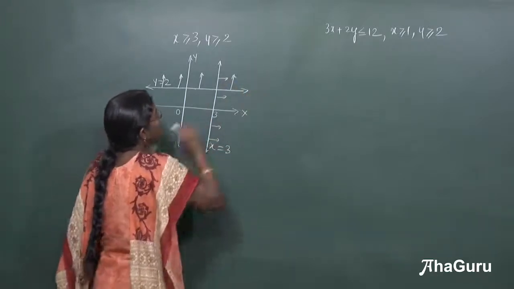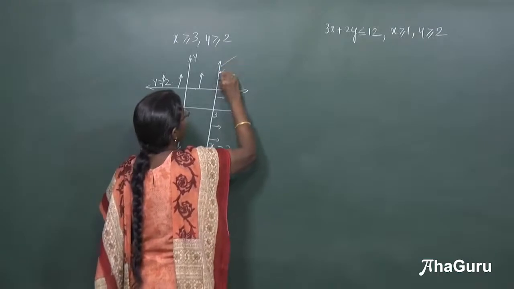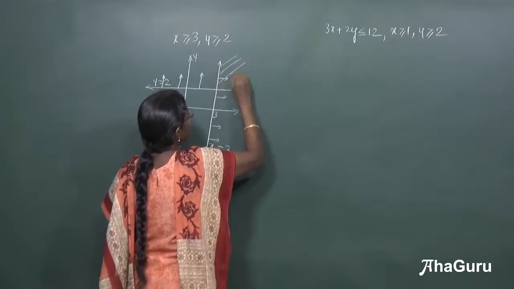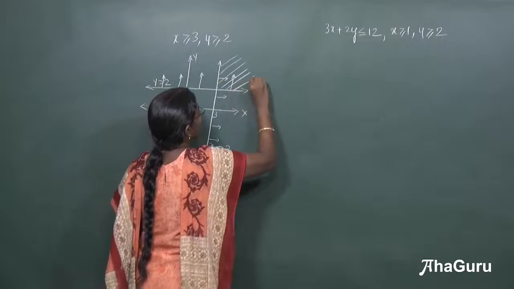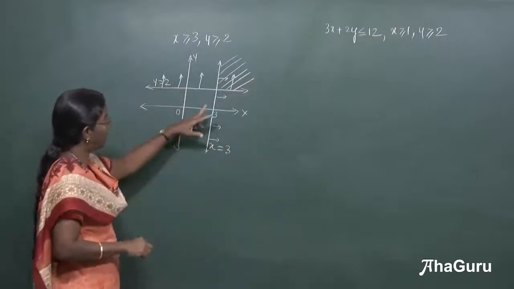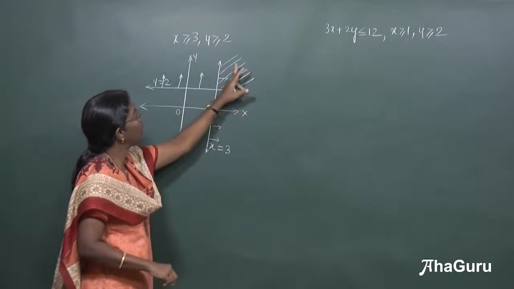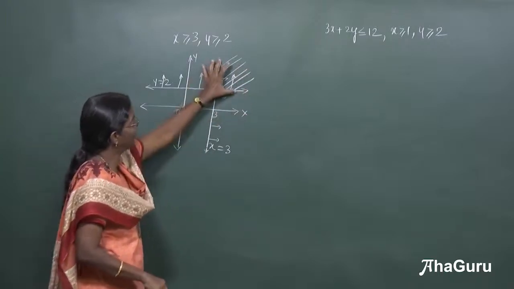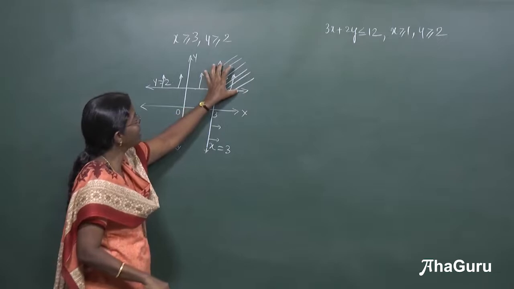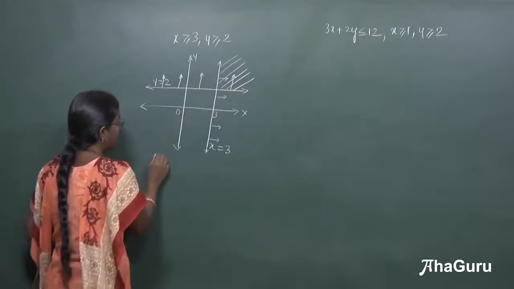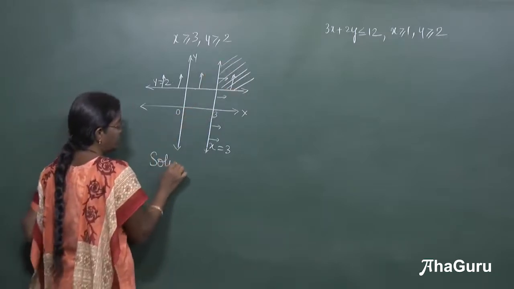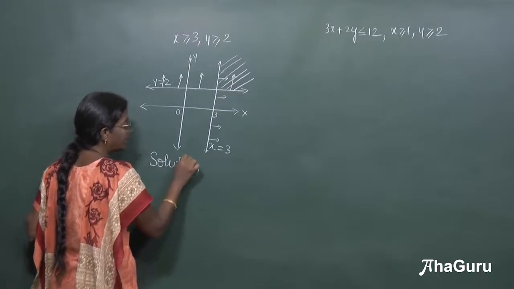It is just going to be this unbounded region, this entire region where x is greater than 3 and y is greater than 2. This will be the region. You will shade this region properly and write it as the solution for both of them simultaneously.